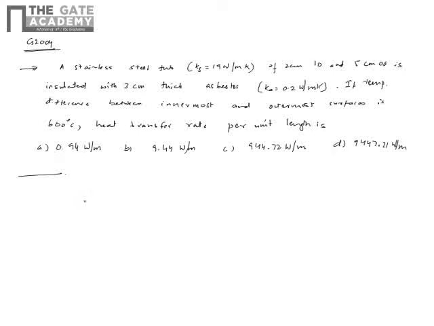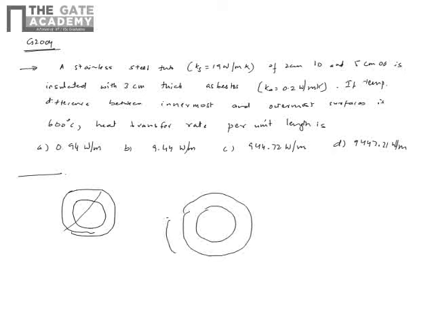So what is given is, this is a problem on composite radial heat transfer through a cylinder. Initially you have the ID and the OD. Let me draw it again. Then you have the asbestos.